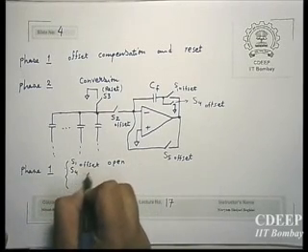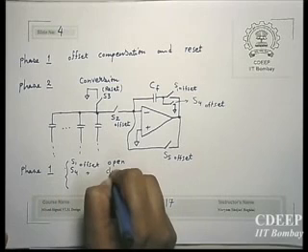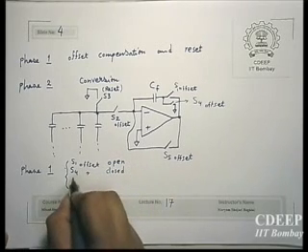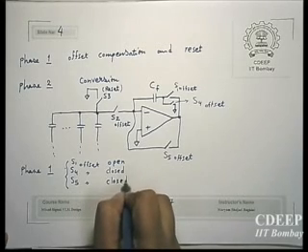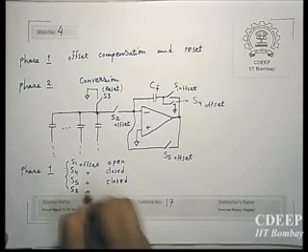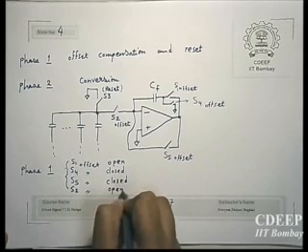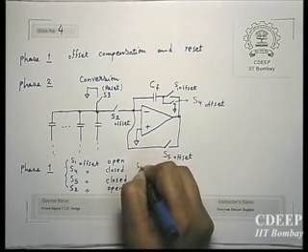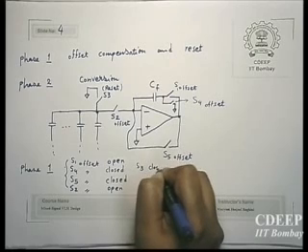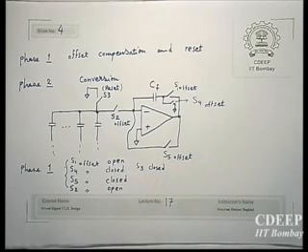So S4 offset will be closed, and S5 for offset is closed. S2 again, because of offset, is open. Eventually we need 4 additional switches for controlling offset. And S3 of course is for reset, therefore we keep S3 also closed. So the bottom plate is connected to ground. Now what will happen?